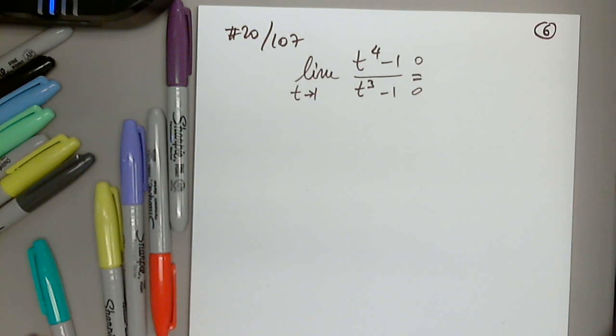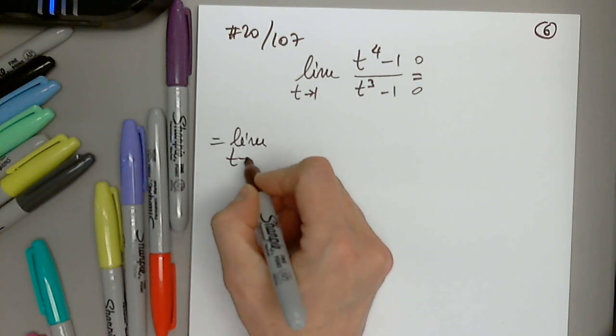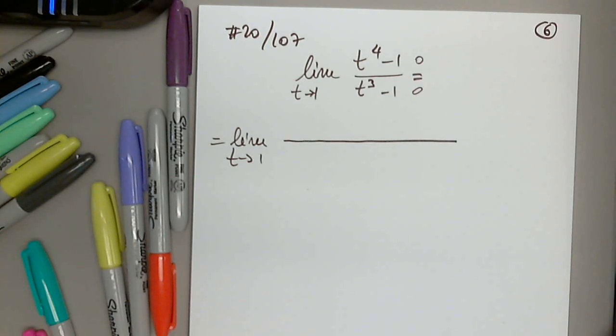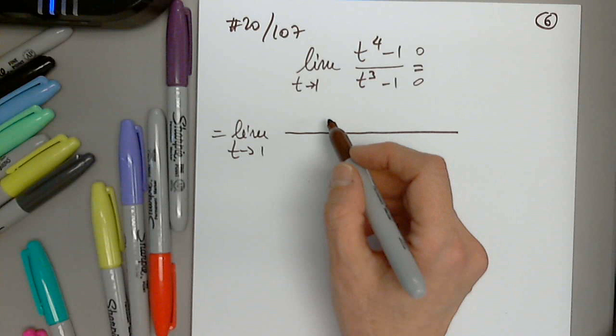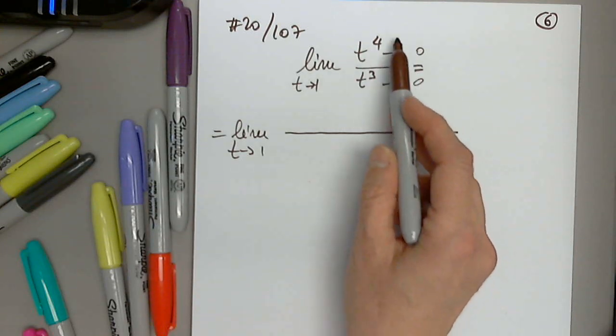So let's start with the numerator. How do I factor the numerator? So this is a difference of squares.